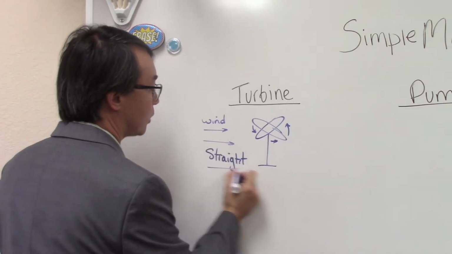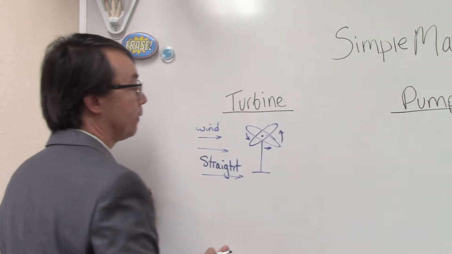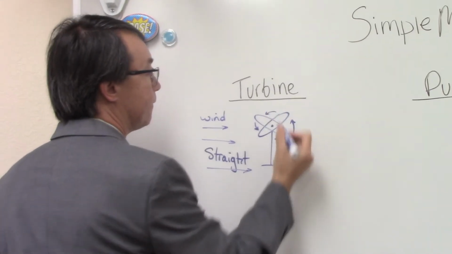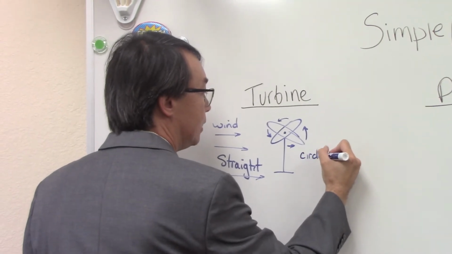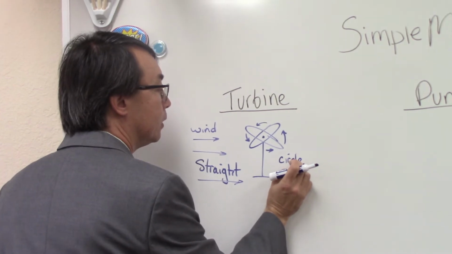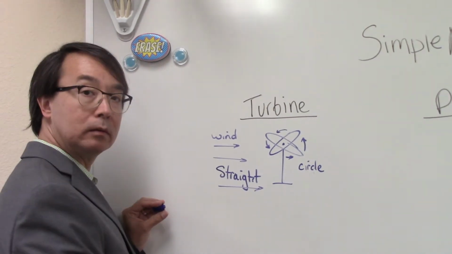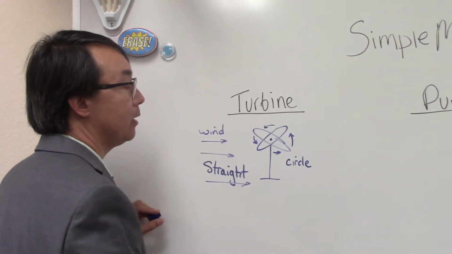Here it is, the wind's traveling straight ahead, gets caught up in our turbine, starts to spin, so it changes it into a circle. So if you want to change the direction, you would use a turbine. Okay? So that's our first simple machine of today.